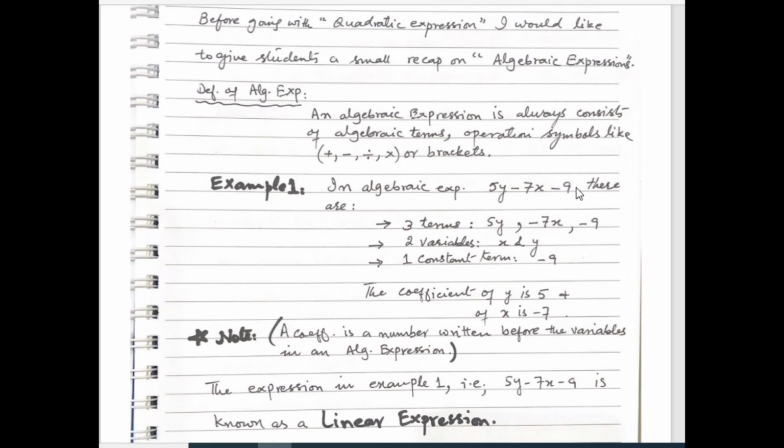A coefficient is a number written before the variables in an algebraic expression. Now I think it is clear to you that this type of function is known as an algebraic expression, and in this algebraic expression these three things can be noted down with three arrows. And the fourth thing is the coefficient. The number written before a variable is known as the coefficient along with its sign.